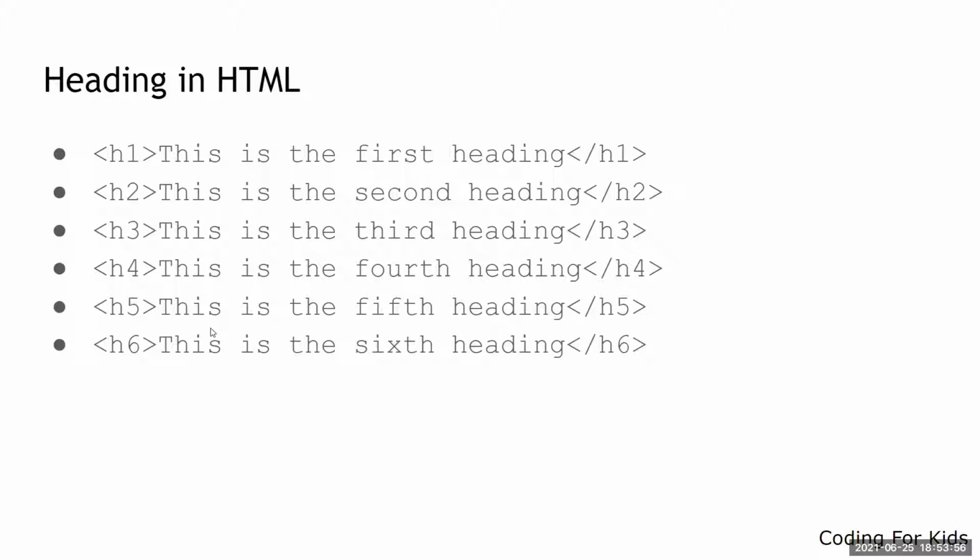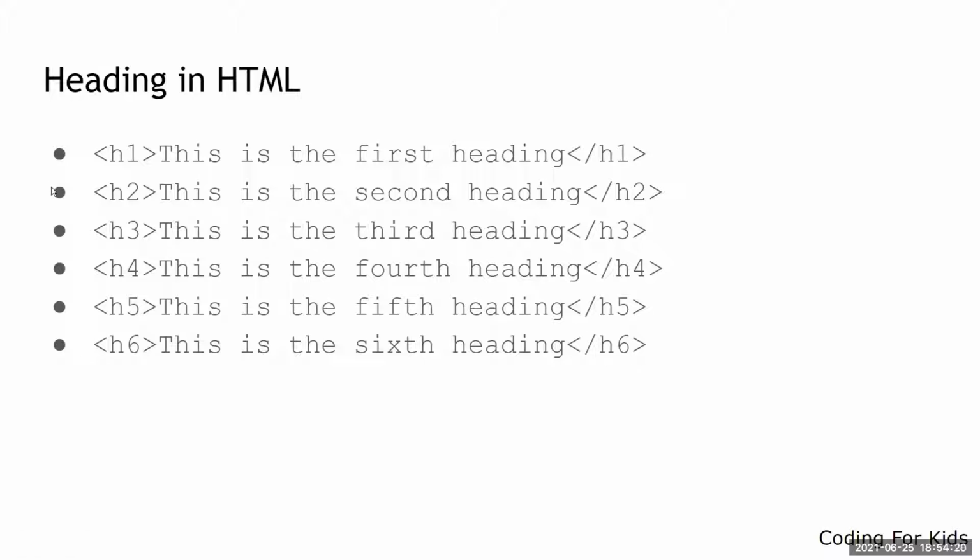And if you add H6, it's going to go really teeny weeny. In my opinion, I think it's smaller than regular text. So I never use H6. I always use H1, 2, and 3, and it gets progressively smaller. So H1 is the biggest and H6 is the smallest.